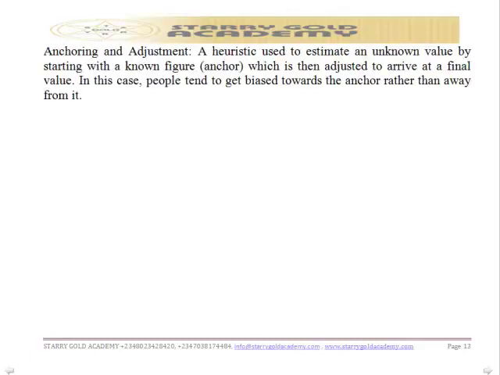Now, the next one is anchoring and adjustment as another bias. Anchoring and adjustment is a heuristic used to estimate an unknown value by starting with a known figure, an anchor, which is then adjusted to arrive at a final value.